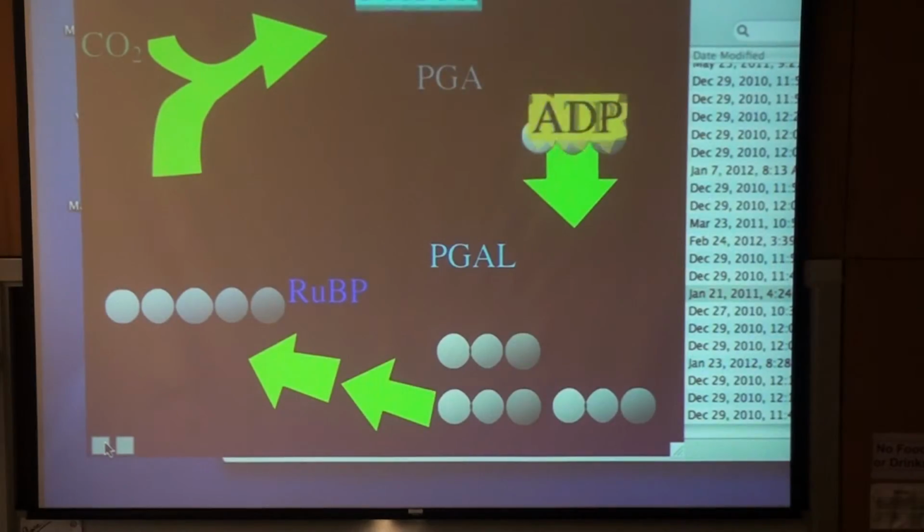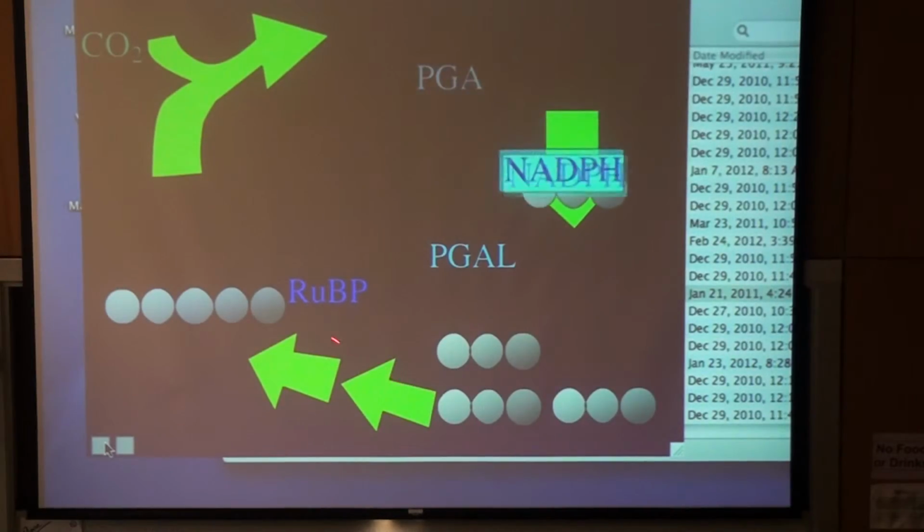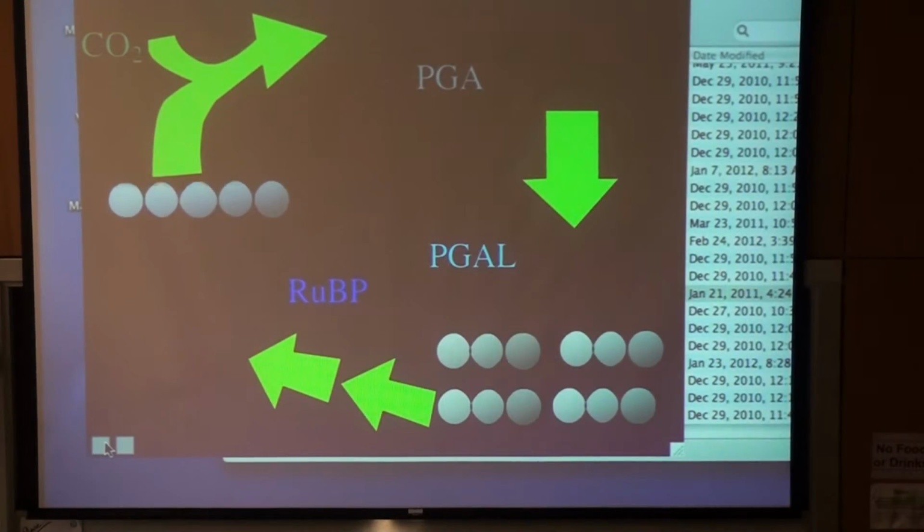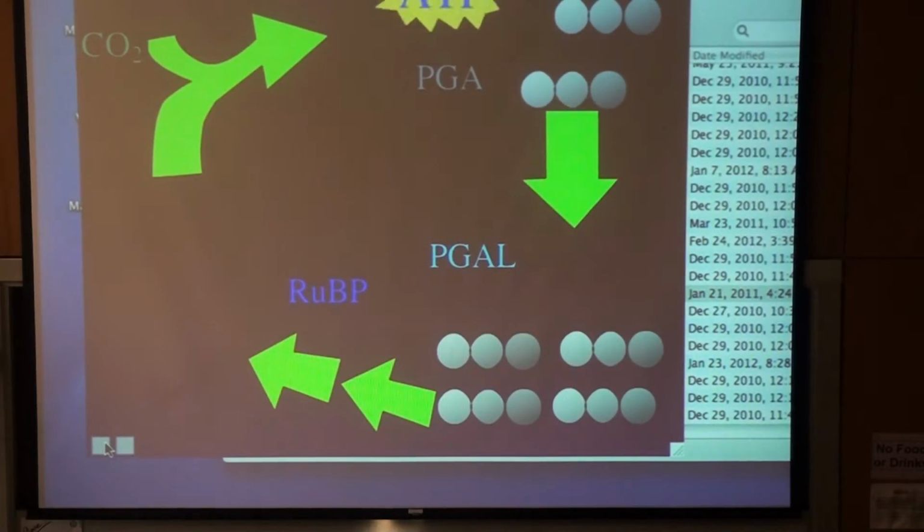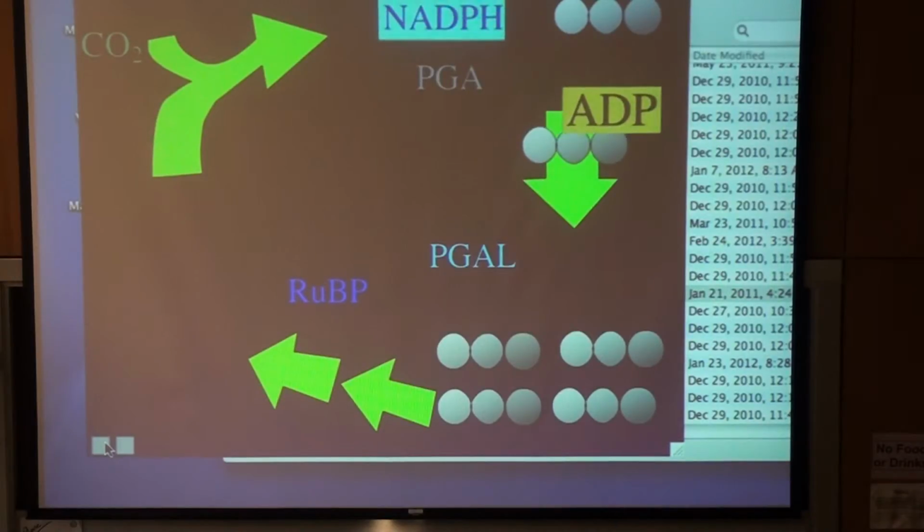So we end up with two more PGALs. And then lastly, this RUBP is going to go through that part of the cycle. There we go. Carbon dioxide is fixed to it with the Rubisco enzyme. Two more PGAs, and they get reduced. Both changed into PGAL.